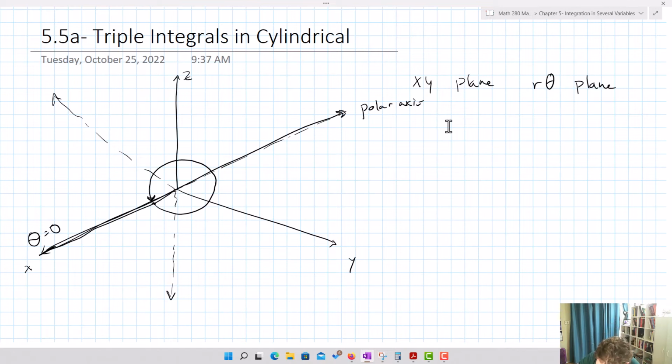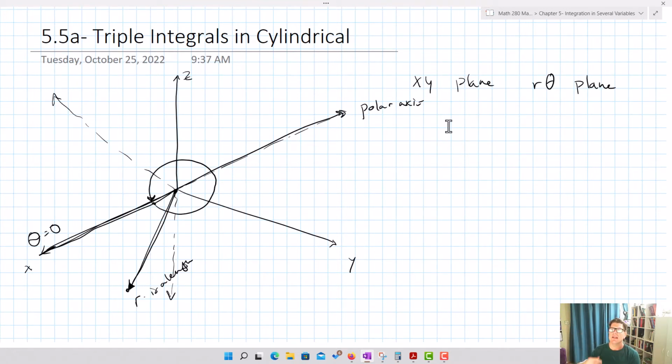And then, in addition to that, we talk about radii, r, okay, and r is a distance from the origin out to a particular point, so r is basically a length. Now our coordinate system is going to be in terms of r and theta, and then we're going to add in a z, all right?